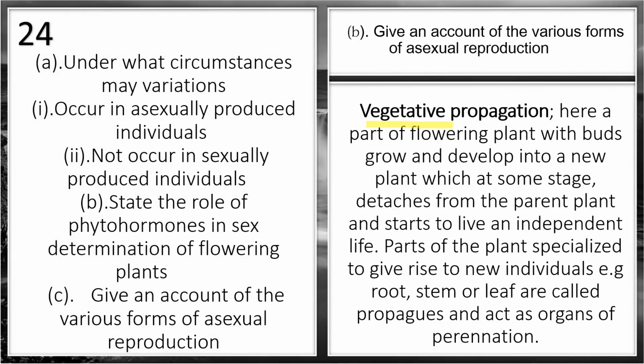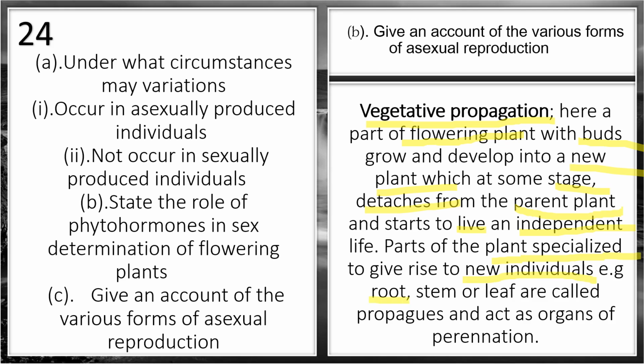There is vegetative propagation. Here part of the flowering plant with the buds grows and develops into a new plant, which at some stage detaches from the parent plant and starts to live an independent life. Part of the plant is specialized to give rise to new individuals.